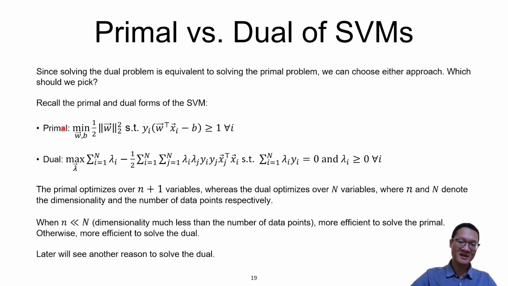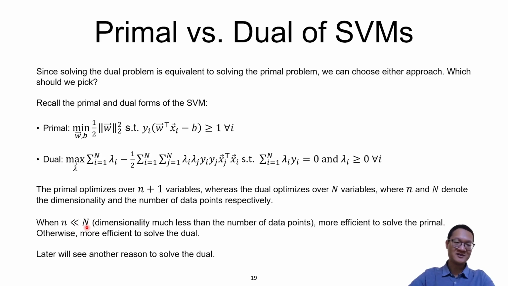So whenever little n is much less than big N, it's more efficient to solve the primal problem. Otherwise, if big N is less than little n, then it's going to be more efficient, at least have fewer variables, in the dual problem. That's from a purely computational perspective, looking at small n versus big N.